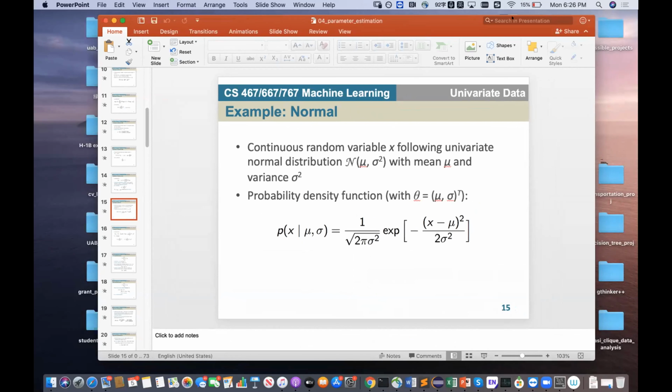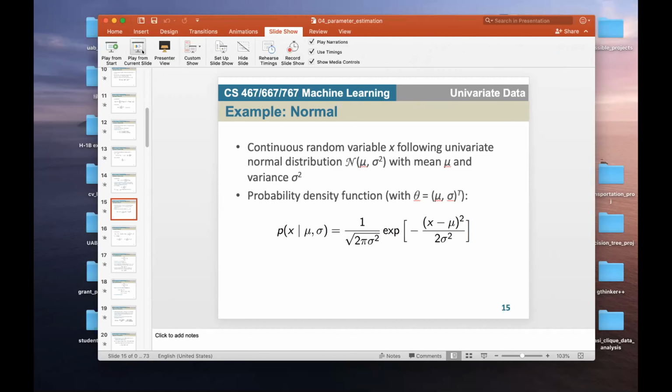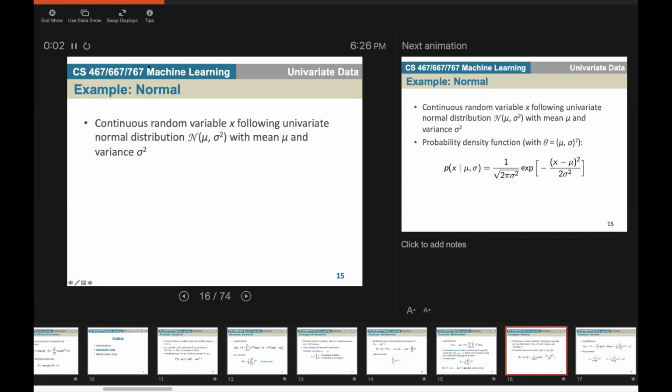So let's continue. Yeah, so the next distribution we'll be looking at is the normal distribution, right? I would say Gaussian distribution, okay? I think I probably should share screen in a different way.